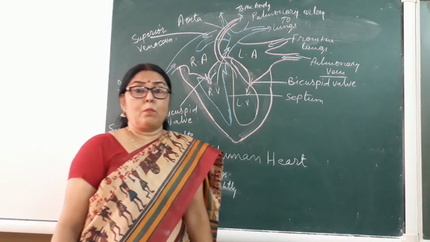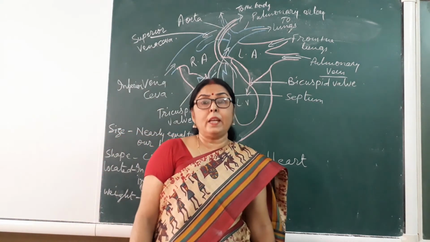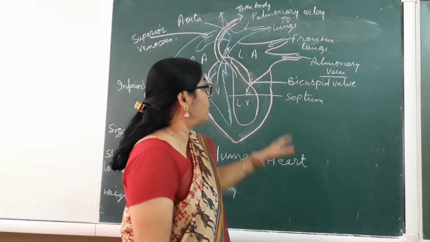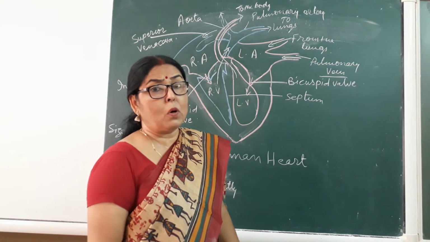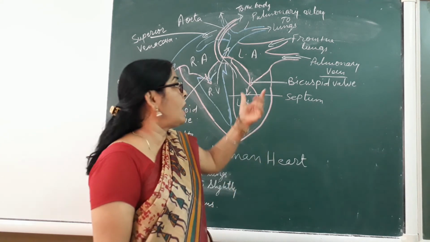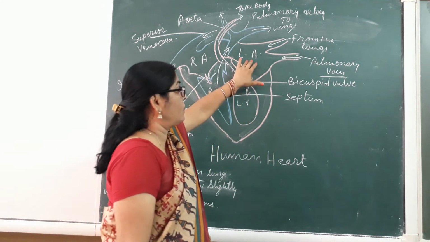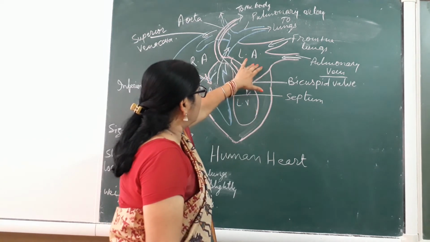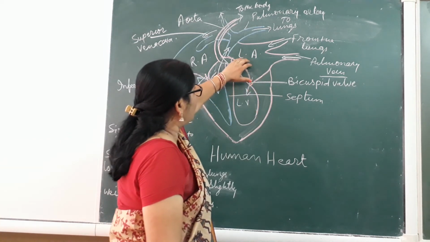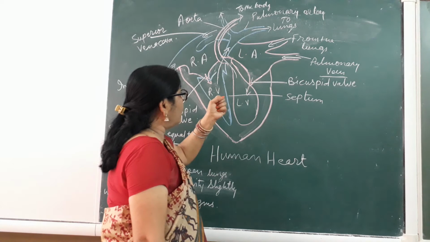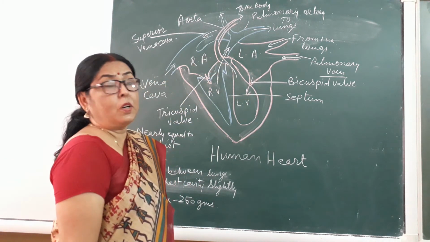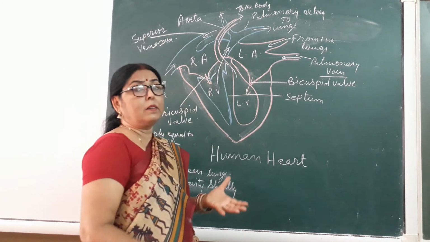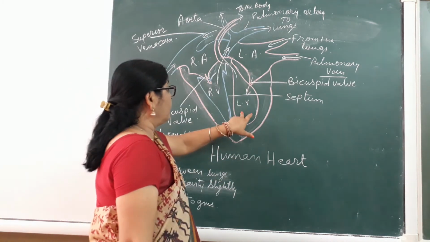Veins are vessels which normally carry deoxygenated blood, but pulmonary veins always carry oxygenated blood because they bring blood from the lungs to the left auricle. Now when the left auricle receives blood, the upper part contracts and the lower part receives the blood.